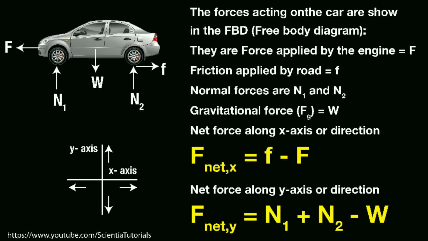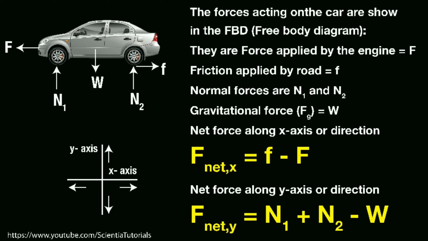Here the force which acts to the right side is taken as positive, and the force which acts to the left side is taken as negative. Frictional force acts right side, and the engine force acts left side.